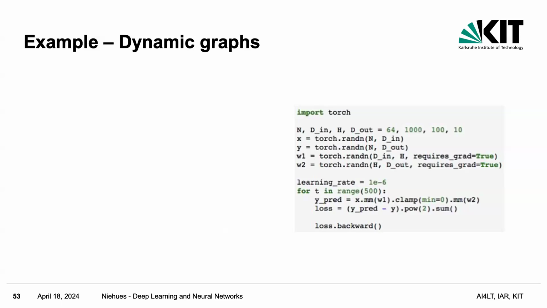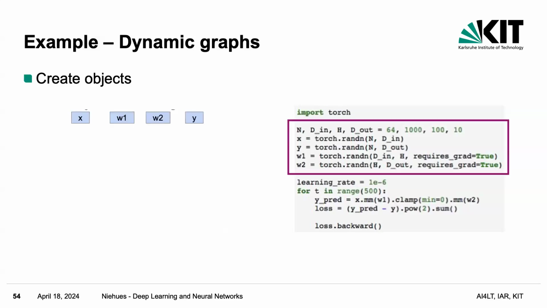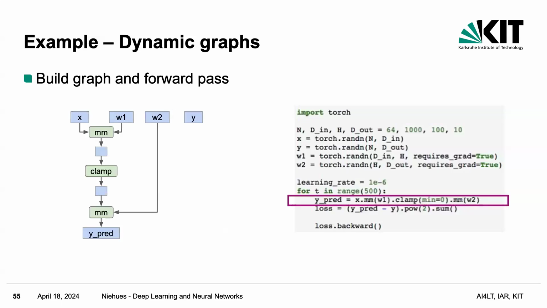So how does the dynamic graph work in this example? First we are creating our objects. We have the input, we have the output, and we have the two weights here that are our variables. And then this defines the commands by which we define the graph. So what are we doing here? We're taking X and multiplying it with W. So you have in the graph X and W1, and you do the matrix multiplication.